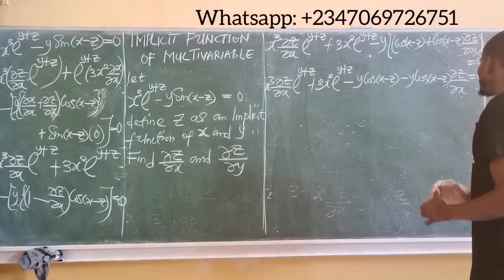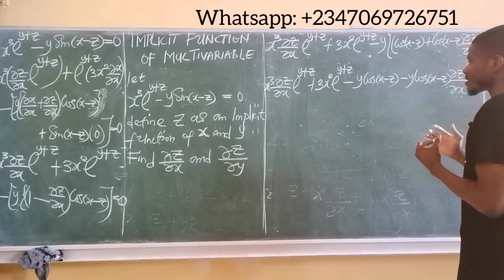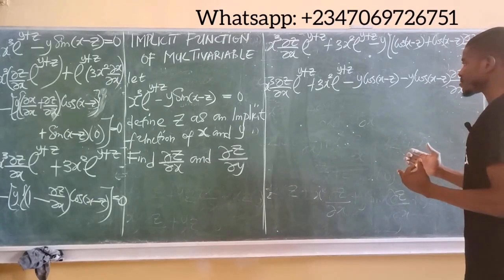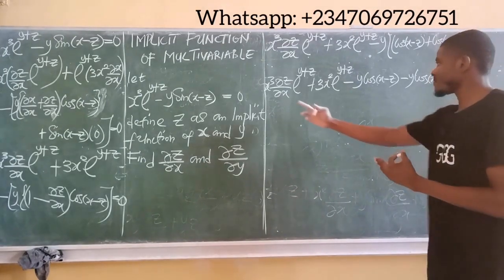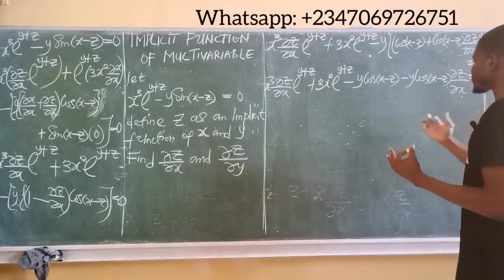All right, so all I will do at this point is collect all the terms that have partial z partial x, simply like collecting like terms. I have partial z partial x here, I have partial z partial x here, bring them together.